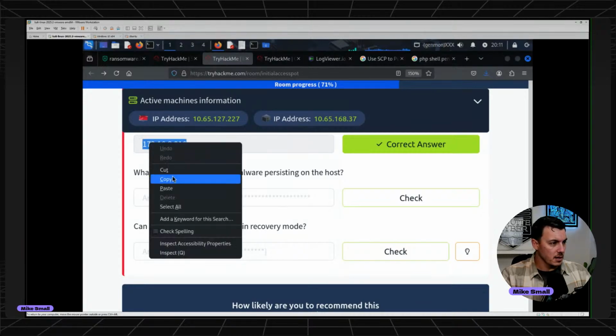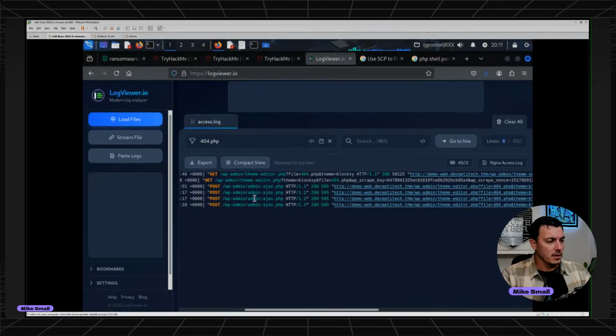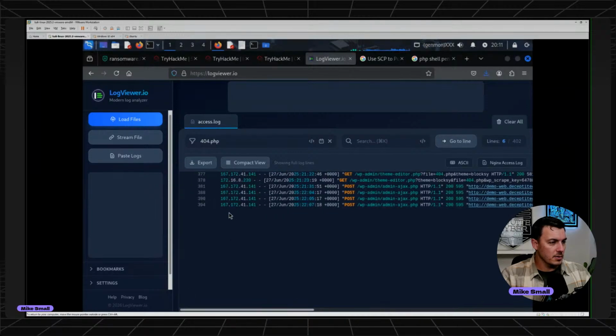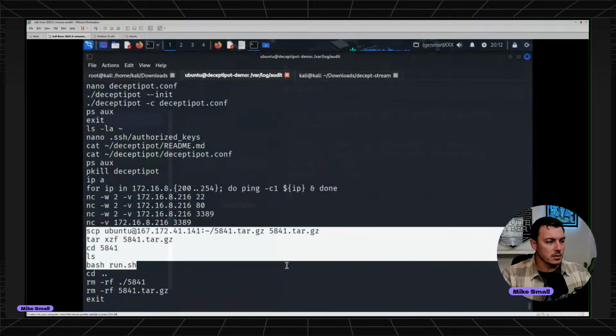This is the attacker, not that one. This is the attacker's IP, this one right here. This is the one that was brute forcing stuff. So we're going to replace this with this, and then add that there because we want to redirect it, because we don't want to see all the noise. This will create a lot of noise.